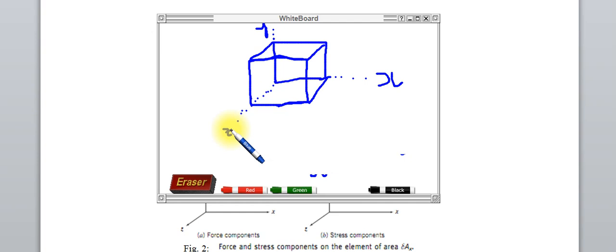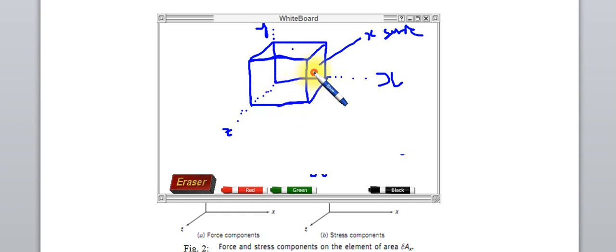Now you can see the three surfaces. This is called the x surface, and this is called the y surface, similarly, and this is called the z surface.